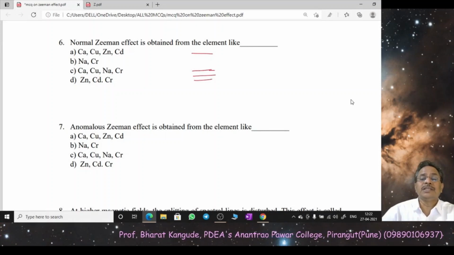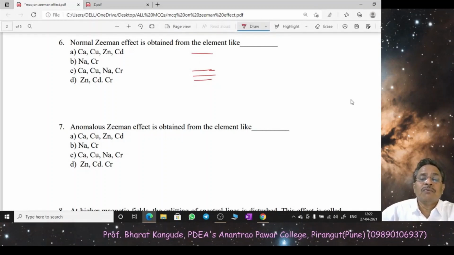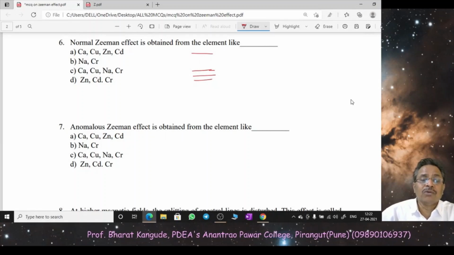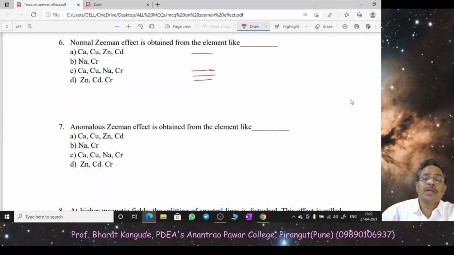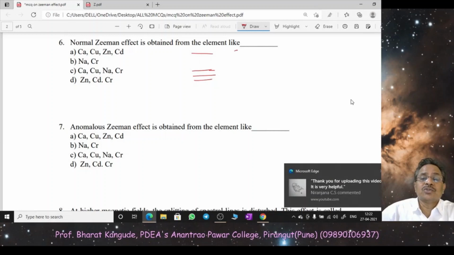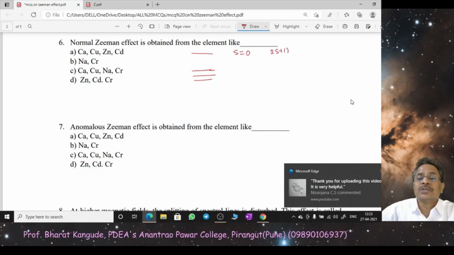This phenomenon is usually observed for elements having spin angular momentum S equal to 0. In that case the multiplicity, which is 2S plus 1, is simply equal to 1.